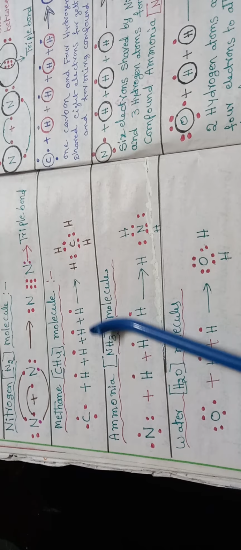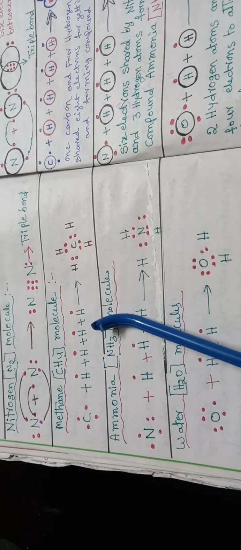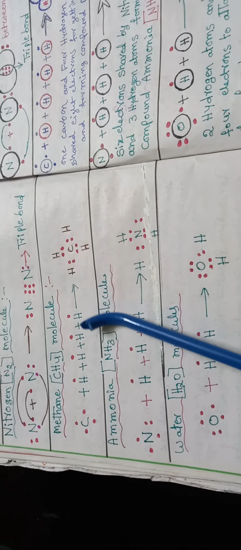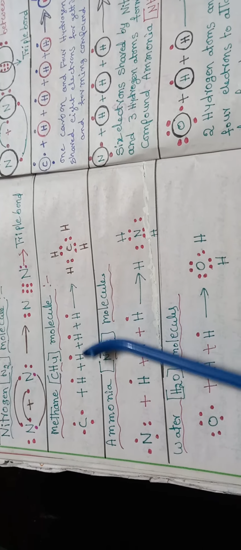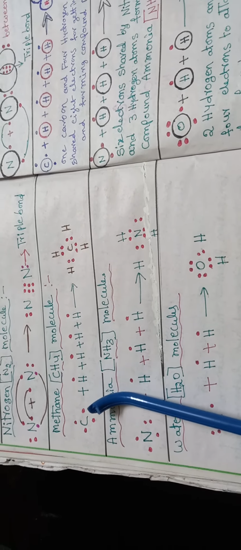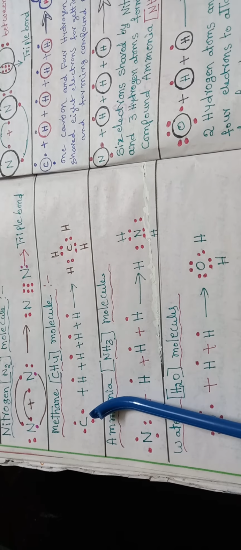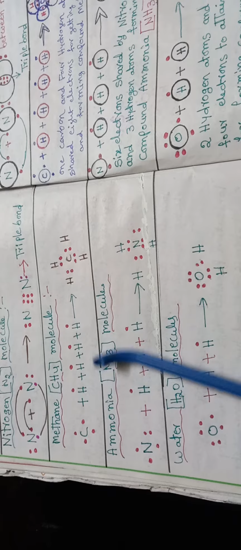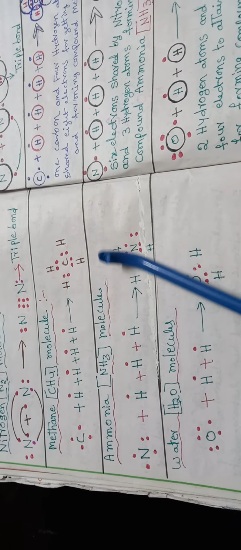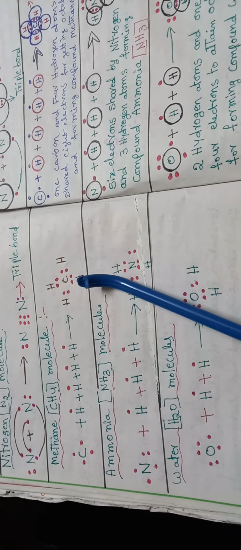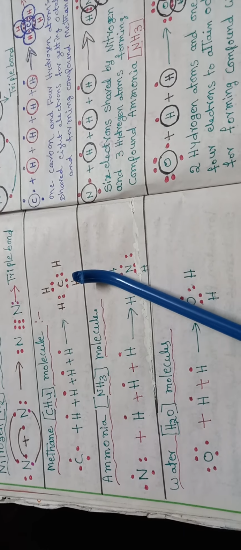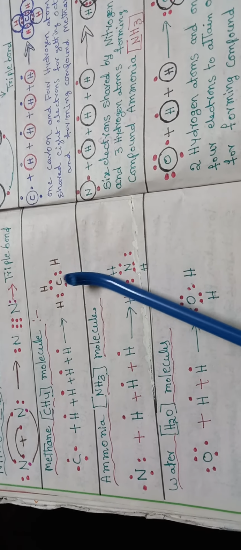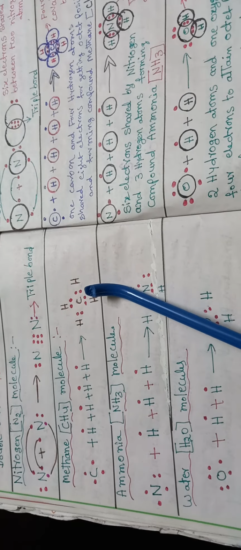And 4 hydrogen atoms each have 1 valency electron. So these valency electrons are shared by carbon and 4 hydrogen atoms. So carbon and hydrogen share 8 electrons for getting octet positions.